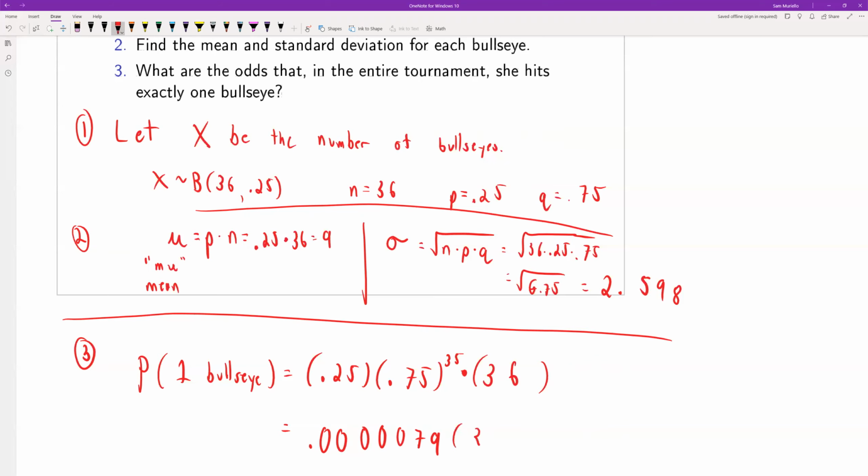We'll multiply this by 36 to account for that she could hit her bullseye on any one of the 36 throws, which gives us 0.000286. Or, in other words, there's about a 3 in 1,000 chance that on the entire tournament, she hits just one bullseye the entire time.